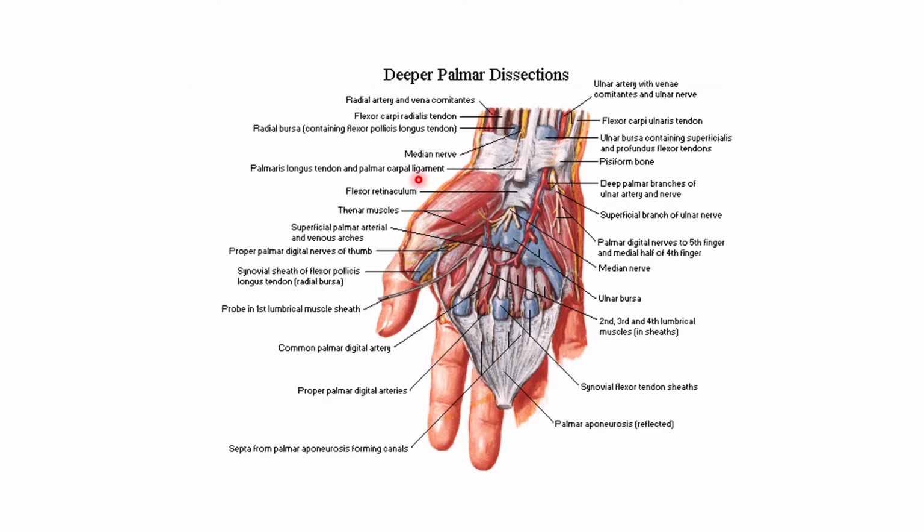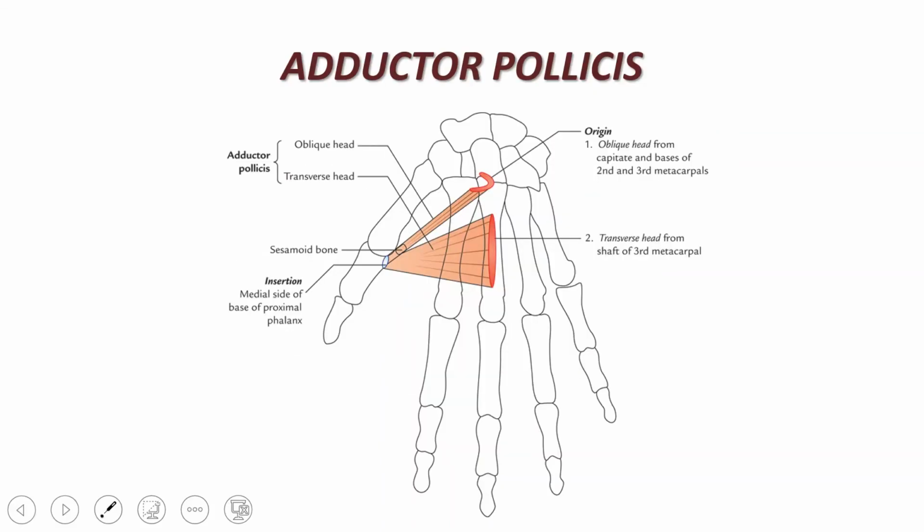Now here again is a dissected picture showing the thenar muscles and the hypothenar muscles. We can make out the flexor retinaculum here, which acts as a common source of origin to the thenar and hypothenar muscles. Now this is an easy picture showing the attachments of the adductor pollicis. As I have already discussed, the origin is from two heads, the oblique head and the transverse head.